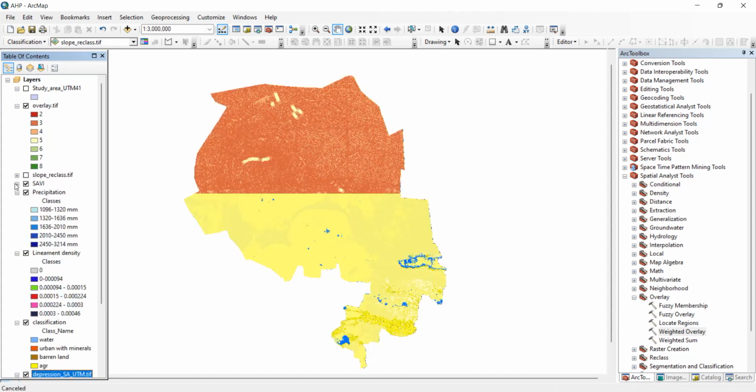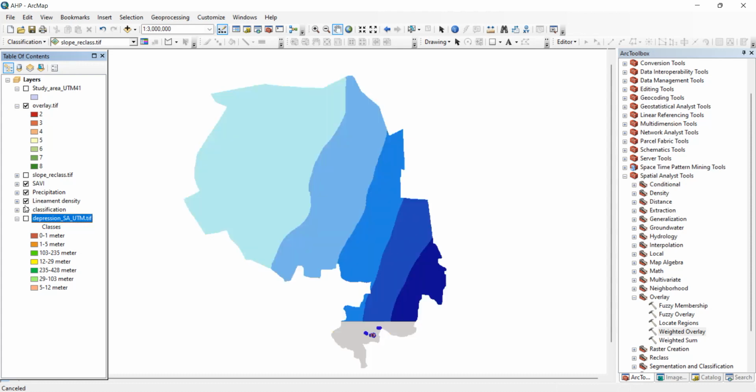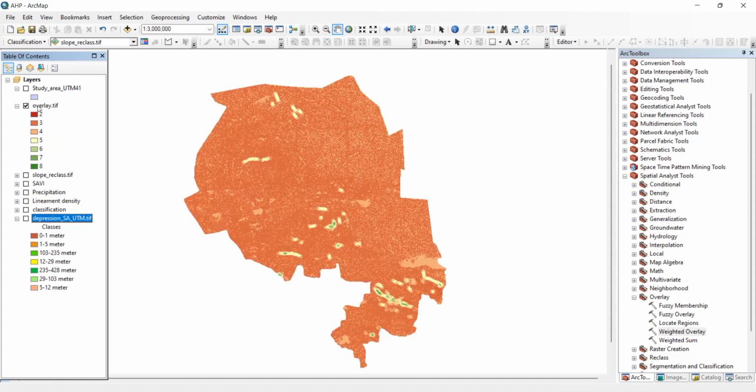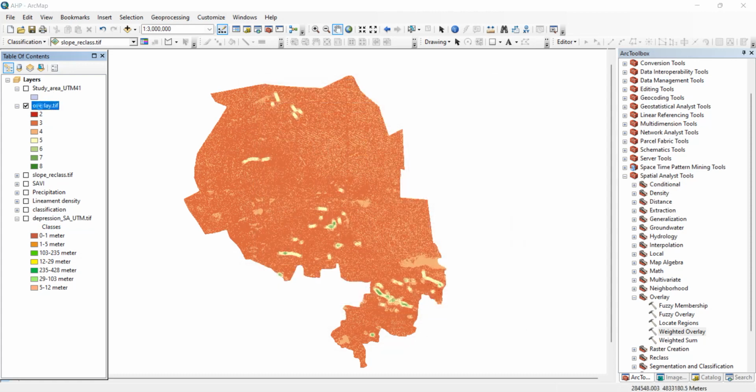I can close all my layers, and this is my final overlay. I can just rename it here, but I will not change its actual name in the folder, but I can rename it here to groundwater potential zones.